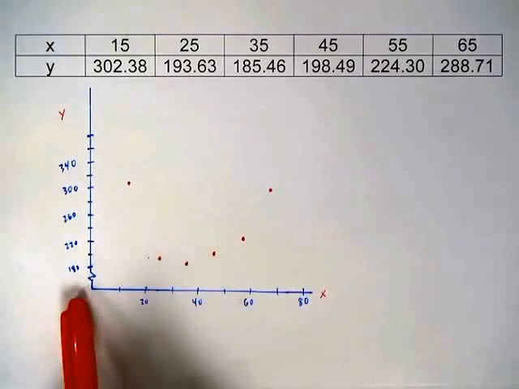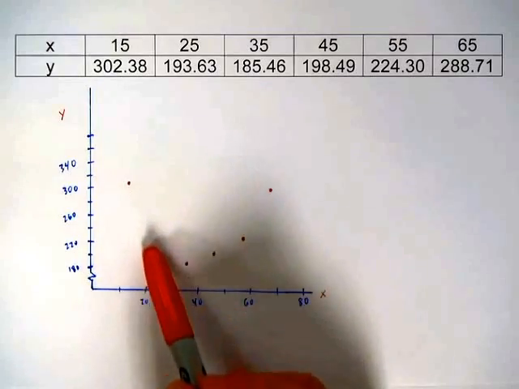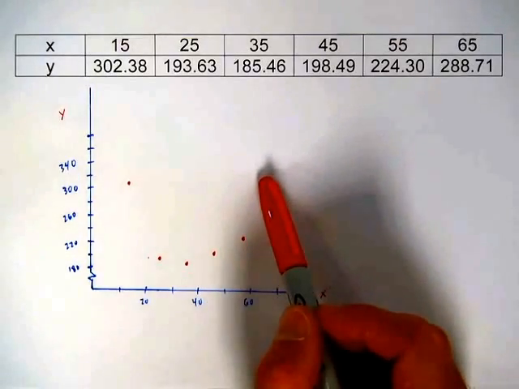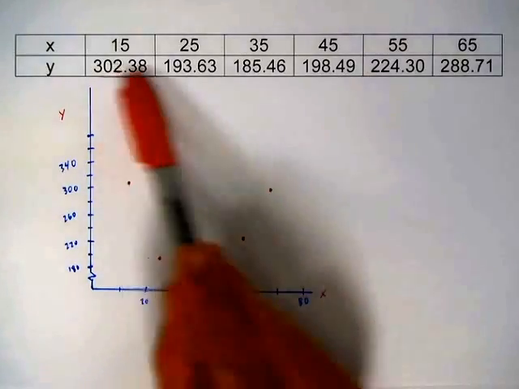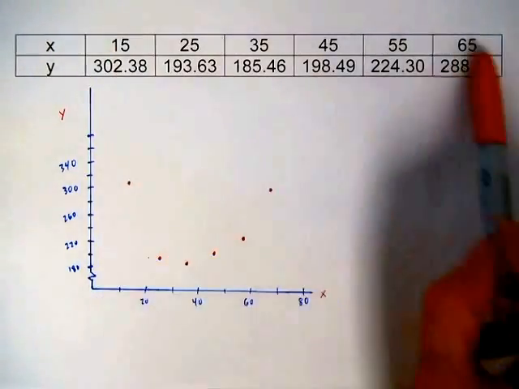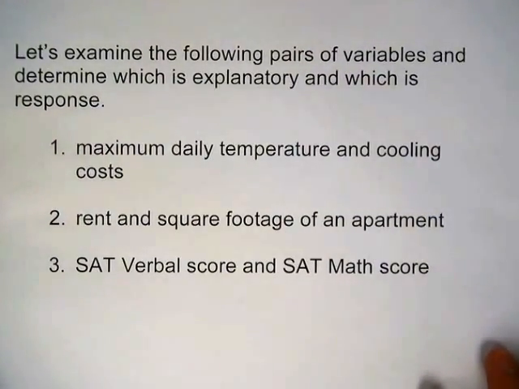So as your x is increasing, the y starts pretty high, goes lower, and then is going to go high again. Okay, so this picture gives us a pretty good indication of how y is changing in response to how x is changing.